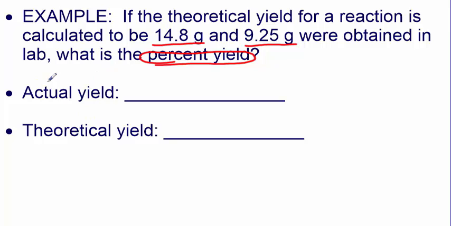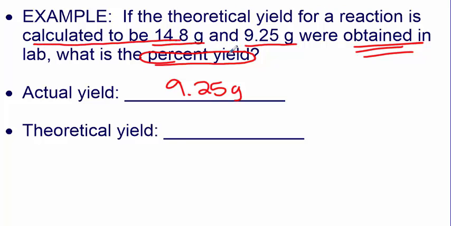Alright, remember that the actual yield is what we get in lab. So this phrase obtained in lab here tells me that I got 9.25 grams when I did the experiment. So it says the theoretical amount is calculated to be 14.8 grams. So there, pay attention to the words in the problem.